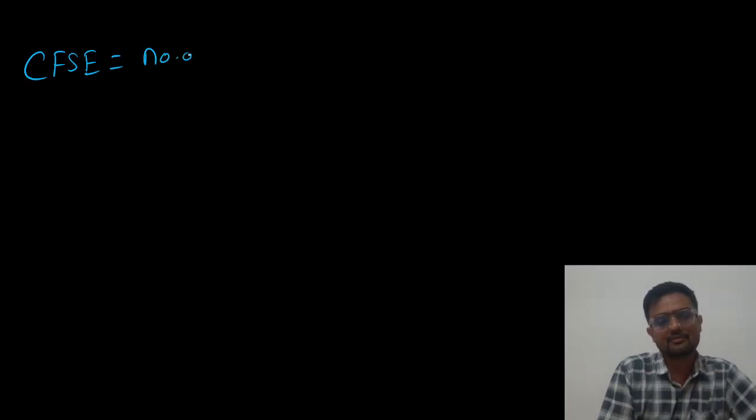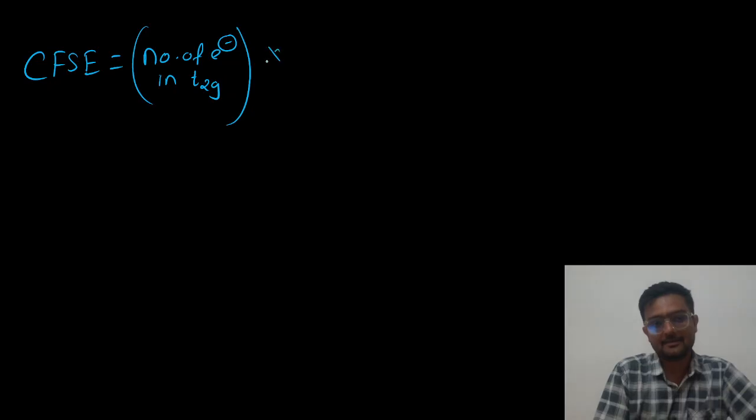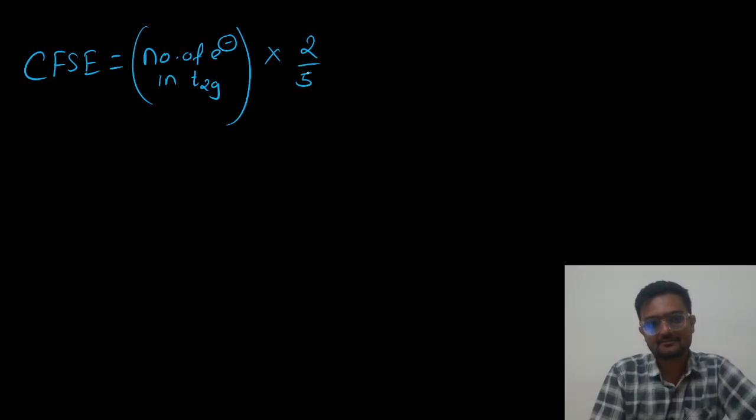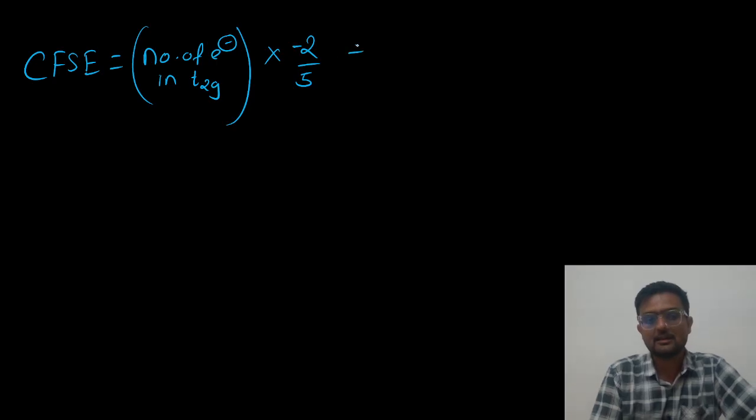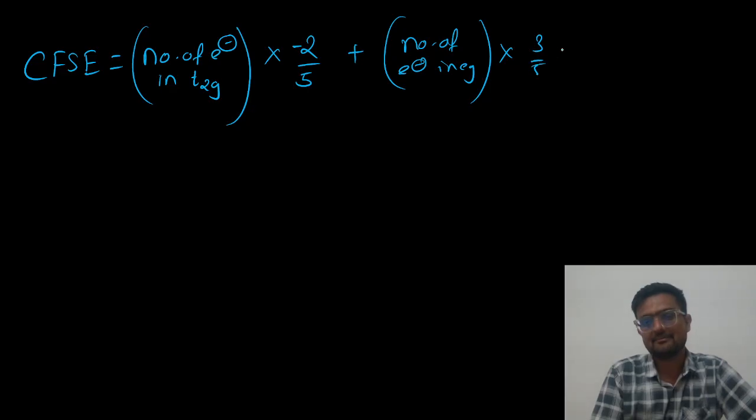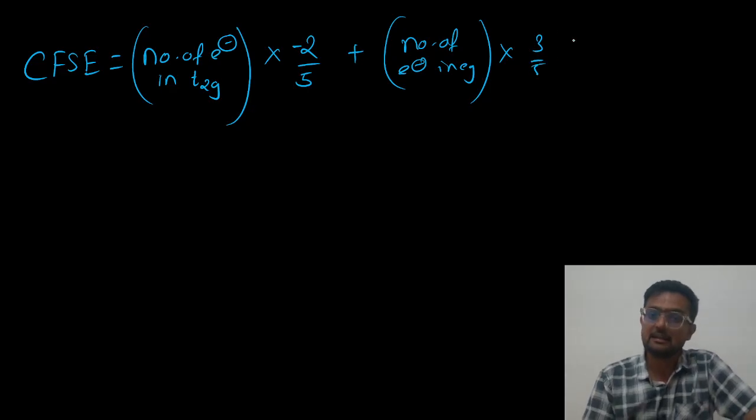To find the CFSE value, CFSE is equal to the number of electrons in the t2g set multiplied by minus 2 by 5, plus the number of electrons in the eg set multiplied by 3 by 5.